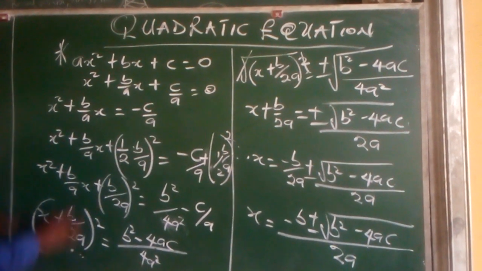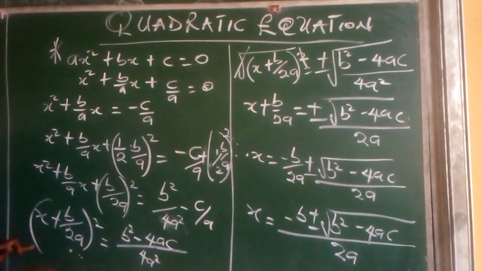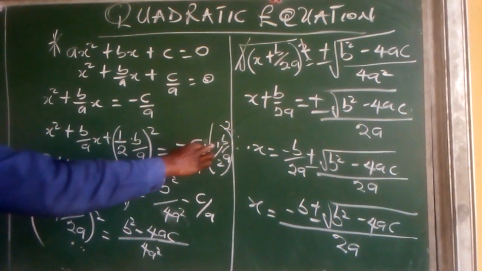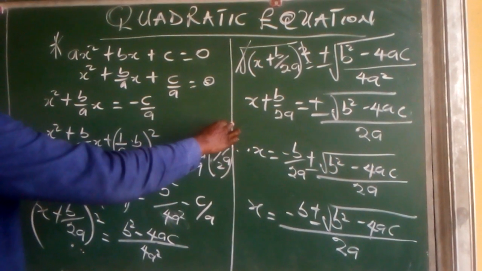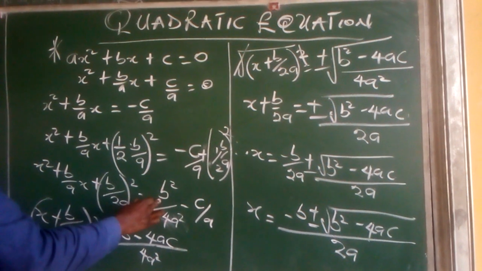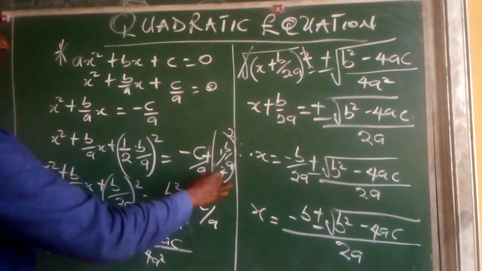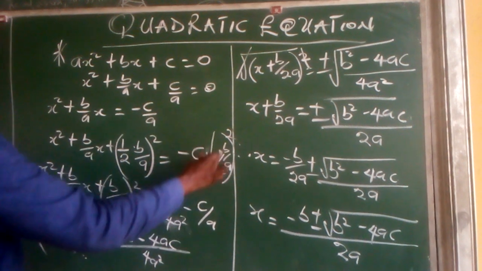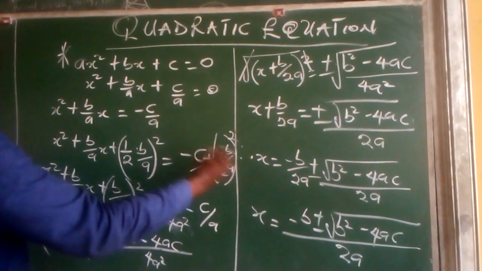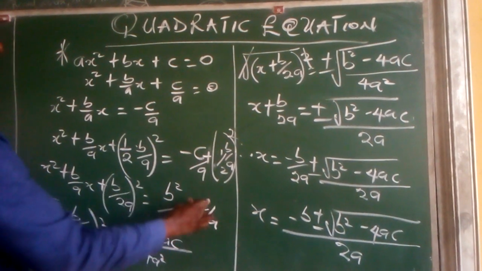They are equal. This and this are equal. Now, if you square b times 1, you get b squared. If you also square 2a, you will have 4a squared. This value, when re-expressed, you get this, minus c over a.